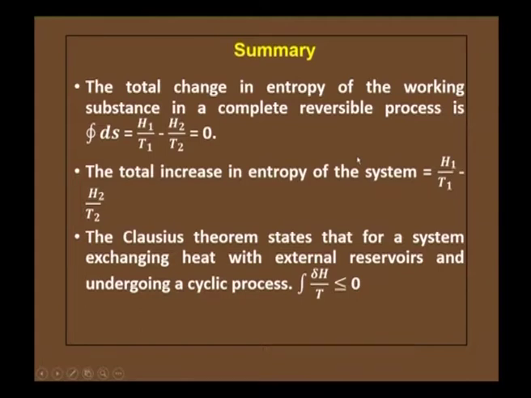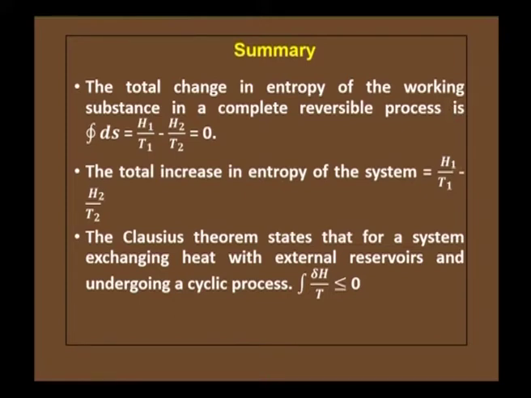Therefore, to summarize, the total change in entropy of the working substance in a complete reversible process is the integral around a closed loop, that is, integral dS is equal to H1 by T1 minus H2 by T2, which is equal to 0. Similarly, the total increase in entropy of the system is equal to H1 by T1 minus H2 by T2.